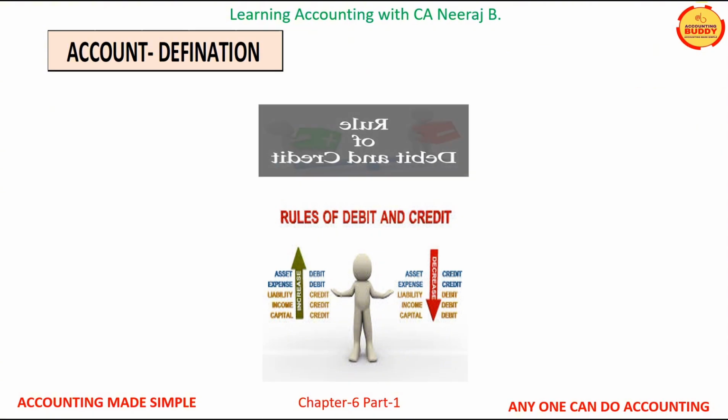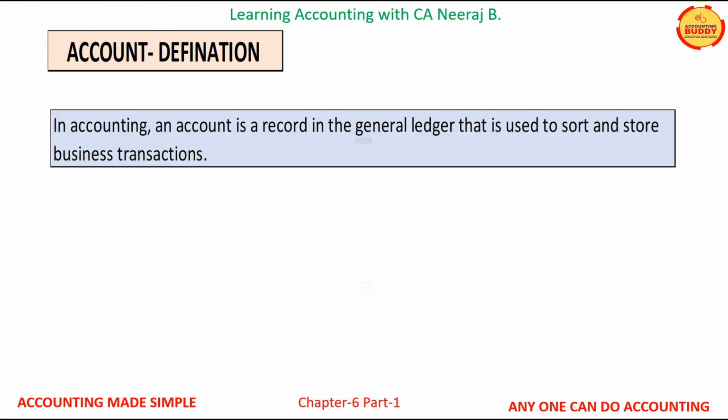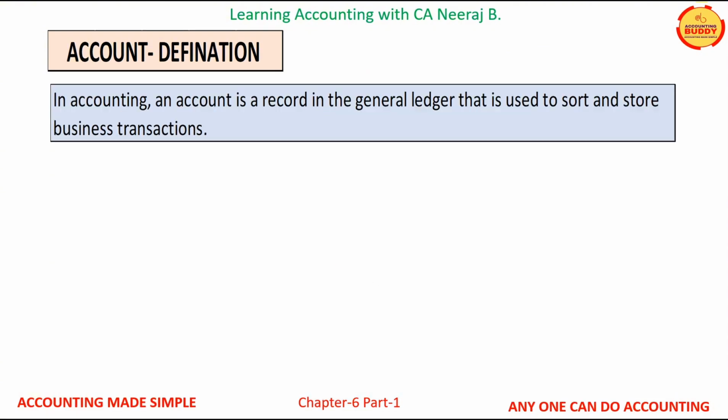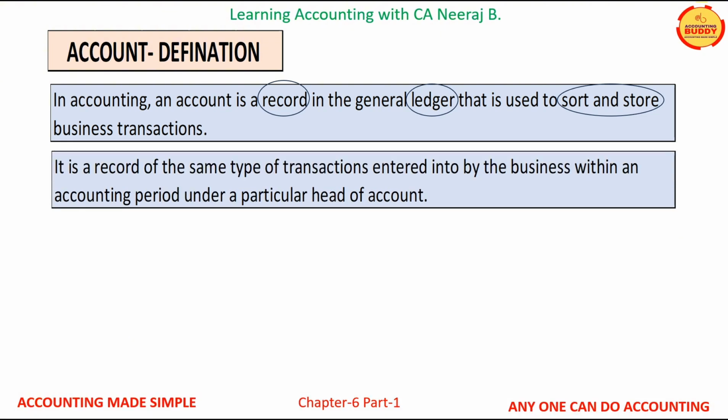Let us now first understand the term account. In accounting, an account is a record in the journal ledger that is used to sort and store business transactions. It is a record of the same type of transactions entered into by the business within an accounting period under a particular head of account.